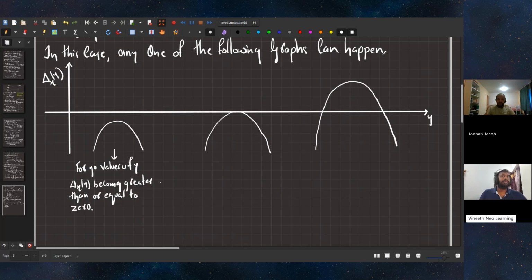In that case, no conic section will be formed in the xy plane. That's the idea.